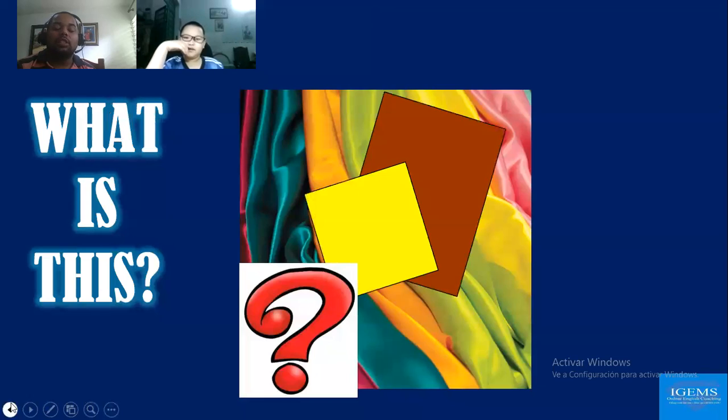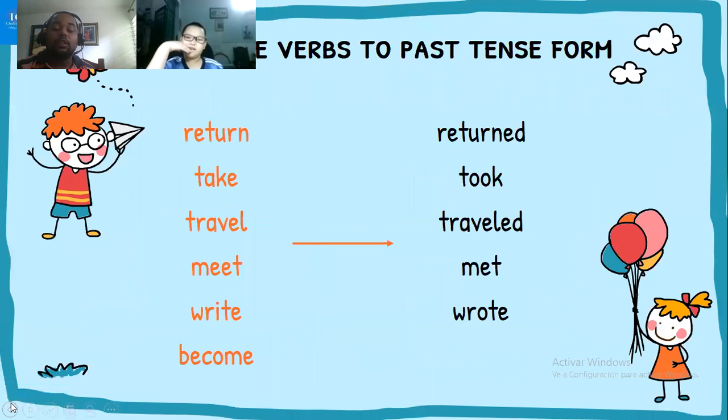We learned new words such as ruler, and verbs in past tense, such as return, returned; take, took; travel, meet, fight, become. That is correct. So I am going to assign you this exercise as homework.